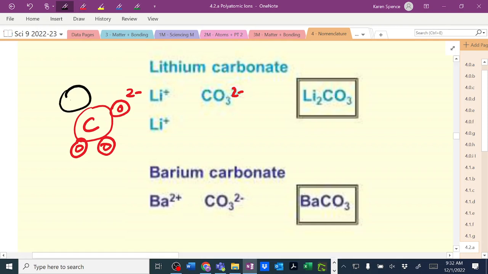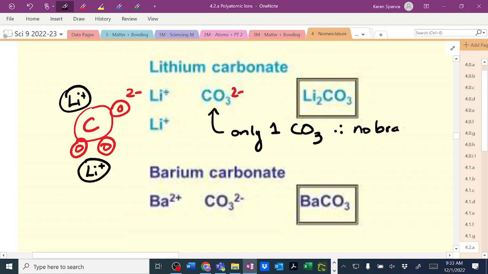And we would need 2 lithiums, Li plus and Li plus, to balance out that charge so that overall we have a neutral compound. There is only one CO3, therefore there are no brackets.